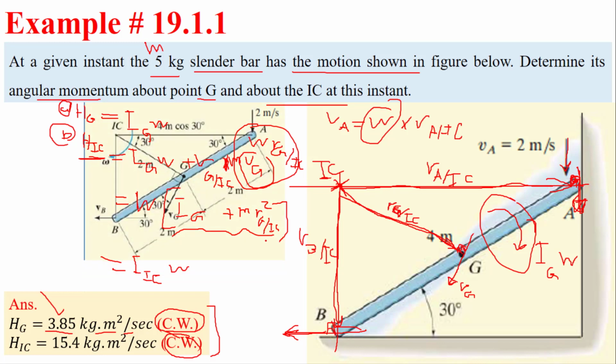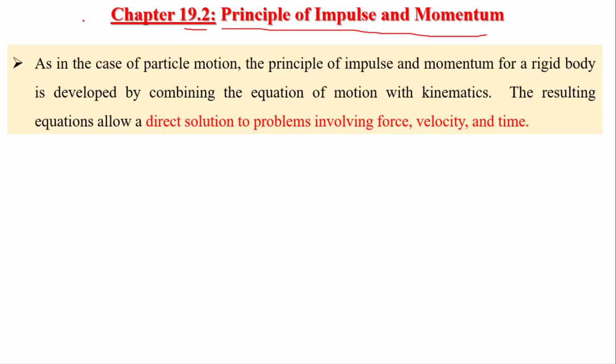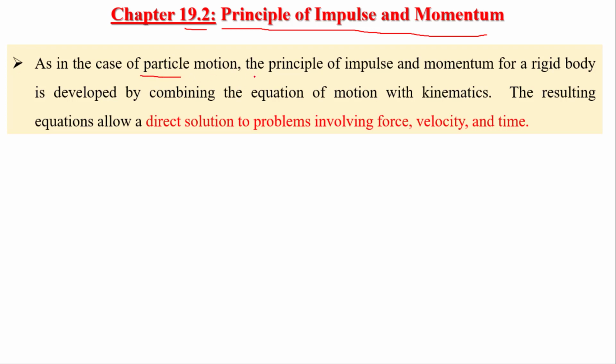Let's see the other section, section 19.2, which talks about principle of impulse and momentum. As in the case of particle motion, chapter 12, principle of impulse and momentum for a rigid body is developed by combining the equation of motion with the kinematics.